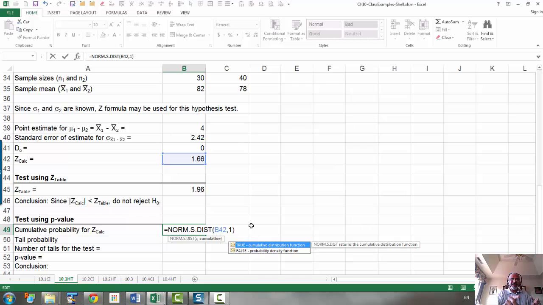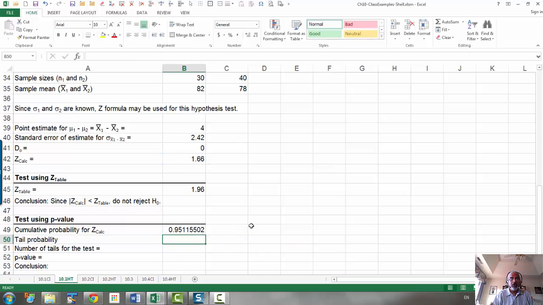If this was a negative z value, that would be the tail area. But since this is a positive value, the tail area is on the opposite side, so we need to do 1 minus that for the tail area.